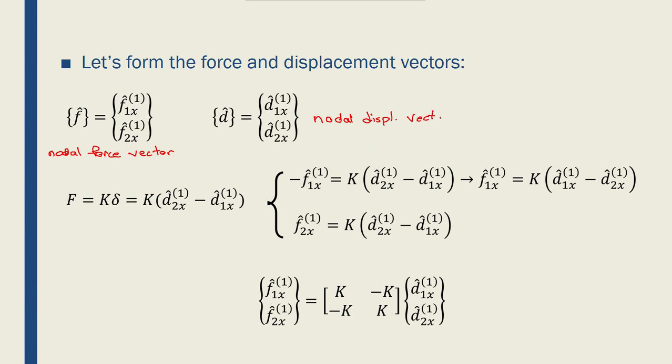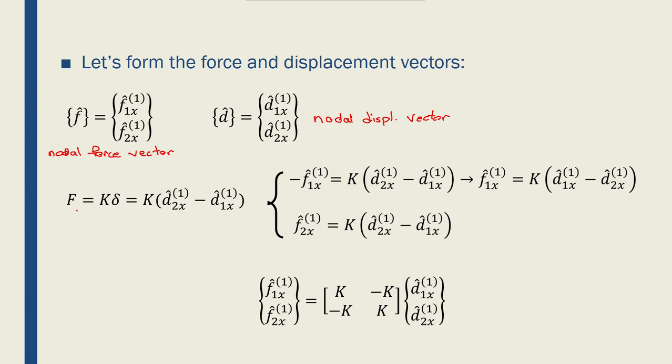Let me just write that. So the nodal force vector has the two forces F1x1 and F2x1, and the nodal displacement vector has the two displacements D1x1 and D2x1, basically the forces and the displacements at each node.